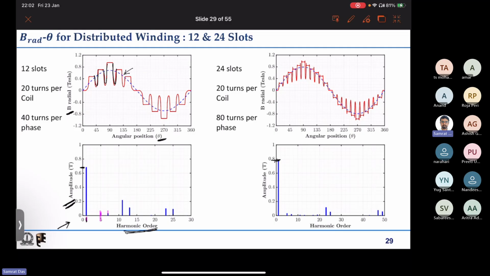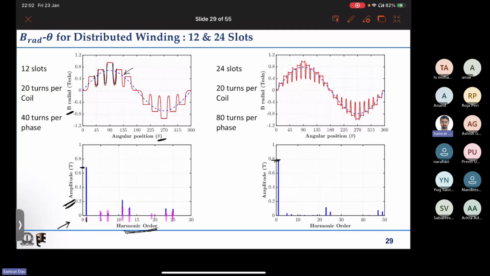This is at 5, this is at 7, this is at 11, this is at 13. The 17 and 19 are very small, not even visible properly. Then again we have 23 and 25. So generally we have 6n plus or minus 1 harmonics.